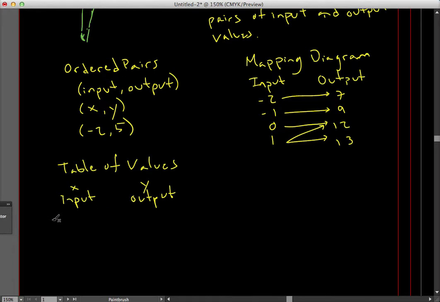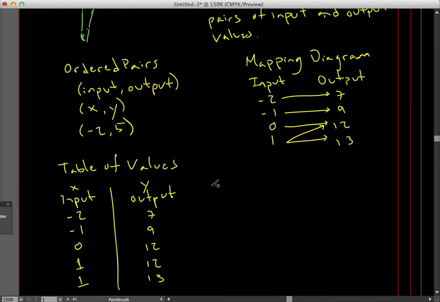And in the same way, this may list your inputs as -2, we'll just use the same inputs, -1, 0, 1, and then your corresponding output. -2 paired with 7, -1 paired with 9, 0 paired with 12, and 1 paired with 12 and 13, so we can actually write 1 twice. We'll put 1 here, and then we can put another one here and put 13. So that would be an example of a table of values.